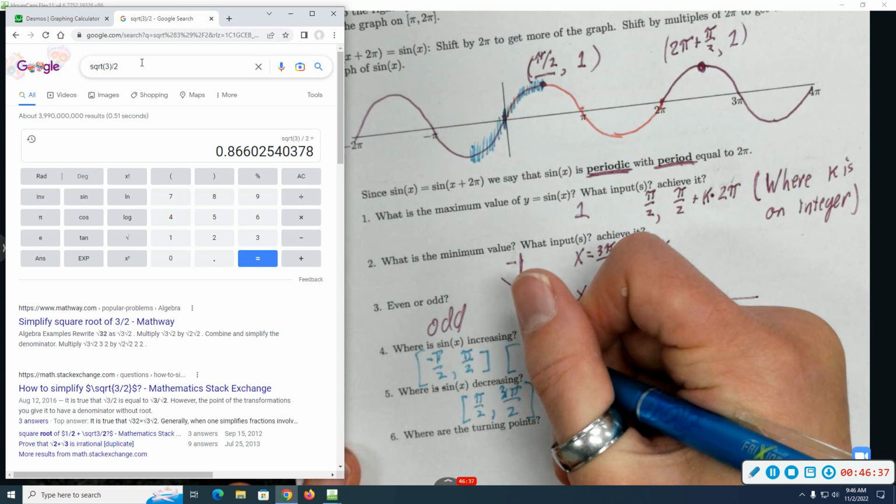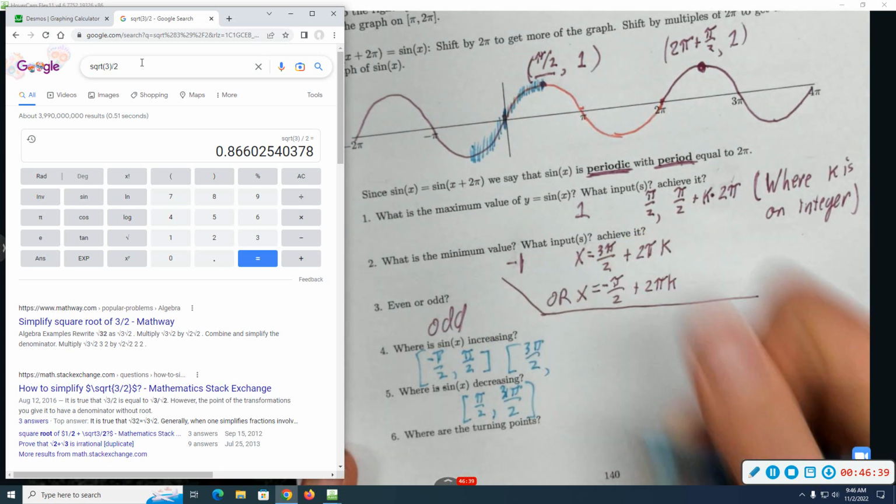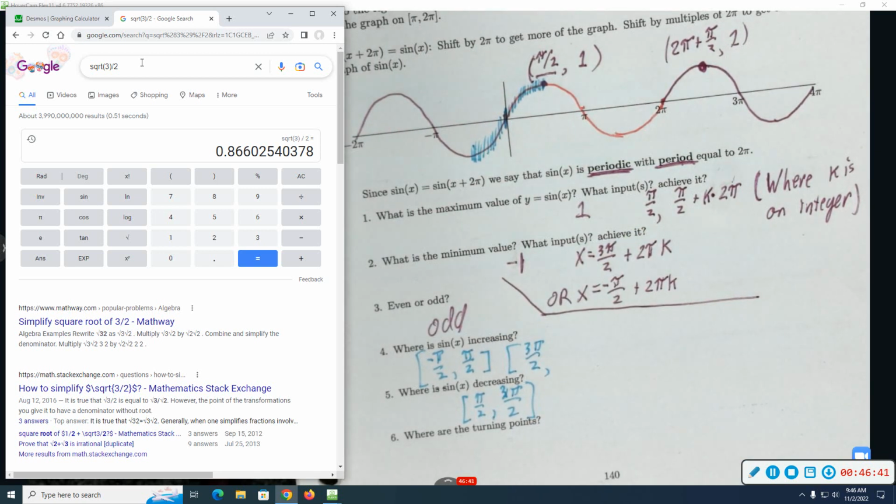So I guess that means at 3 pi over 2, it starts increasing again. How far does it keep on increasing, starting at 3 pi over 2? I hear a 5 pi over 2, and I think I also saw a 5 pi over 2 mouthed?